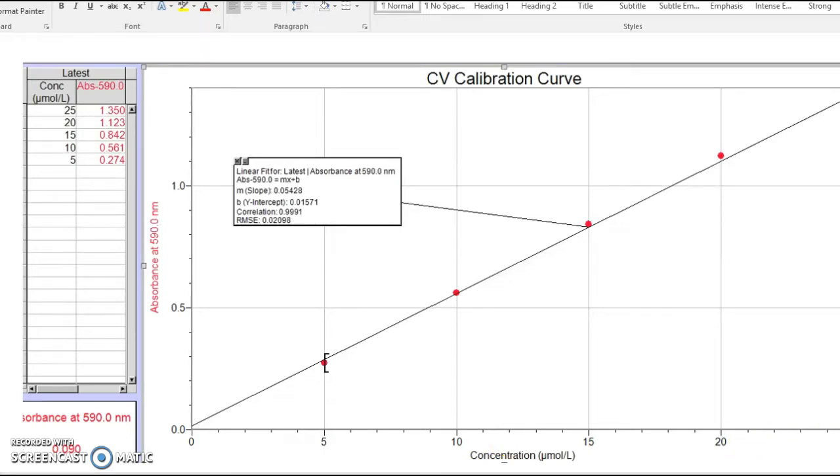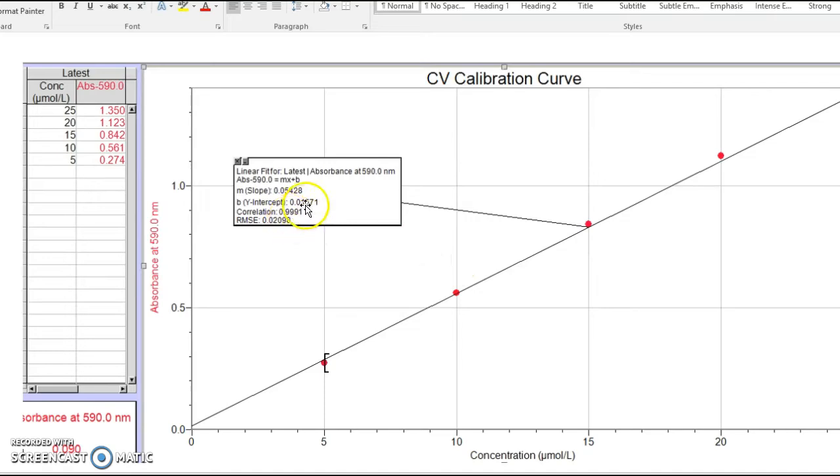You graph it out, and you find the slope of it. The slope is going to give you your constant. The slope is the value we're trying to find that we can put into our integrated rate laws to get the graphs for those three.